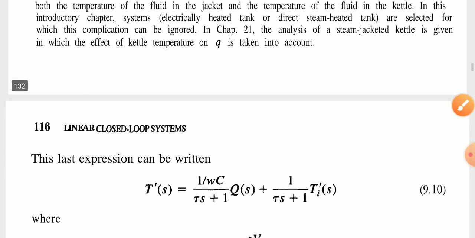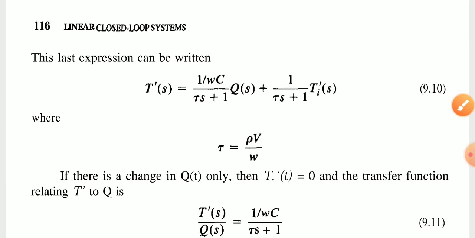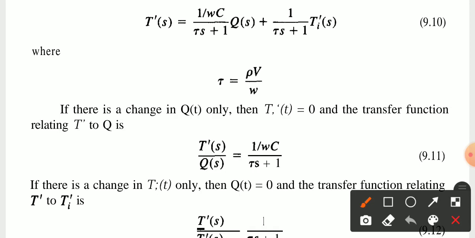This is simply procedure and this last expression can be written as T dash of s is equal to 1 by Wc, tau s plus 1 Q dash of s plus 1 by tau s plus 1 Ti dash of s, where tau is equal to rho V by W.